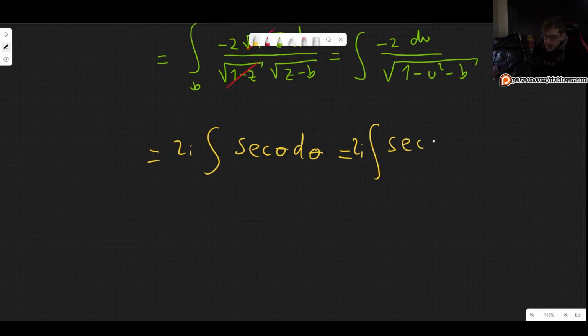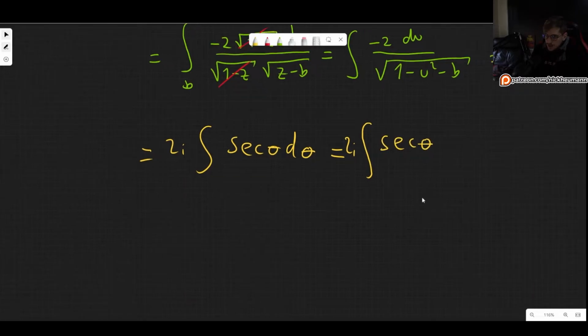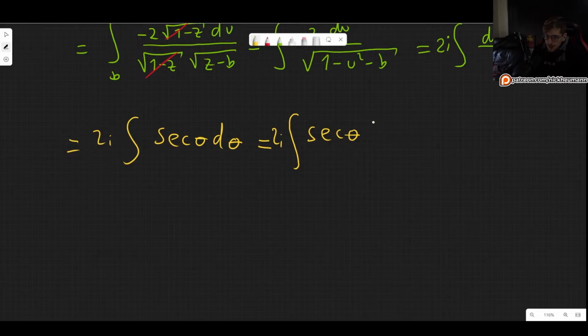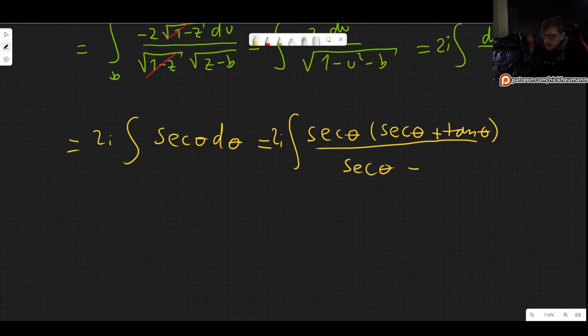So this is a little bit of a trick. What we'll do is multiply and divide by the secant of theta plus the tangent of theta. So we multiply by that and we divide by that. And of course, the d theta.